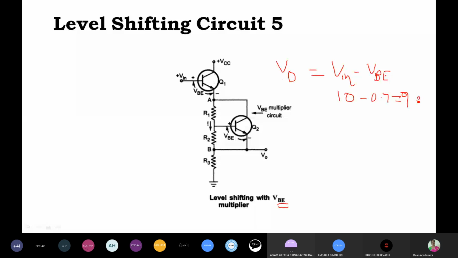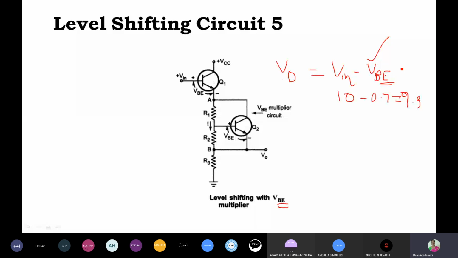Now VBE you cannot do anything by manufacturing process. For the silicon transistor, with variation in temperature, it will vary slightly, that's all, 0.6 or 0.7, right? So you cannot increase this VBE by any means. So therefore, this direct circuit will not provide much effect.